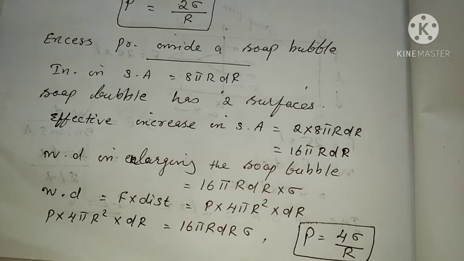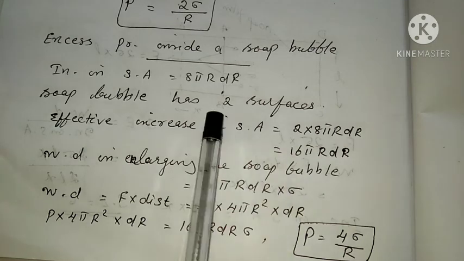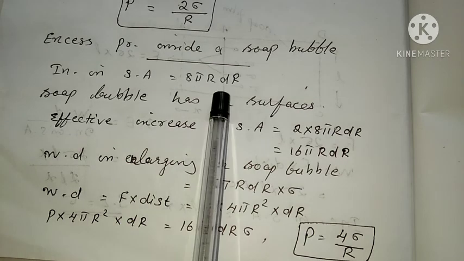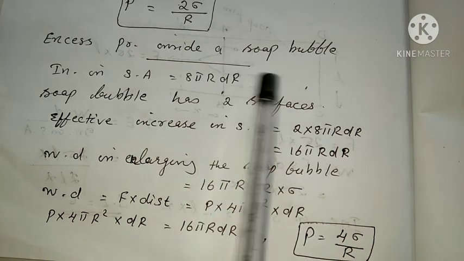Similarly, we can calculate the excess pressure inside a soap bubble. You know that a soap bubble has two surfaces. Initially we got the increase in surface area 8 pi r dr in a liquid drop.